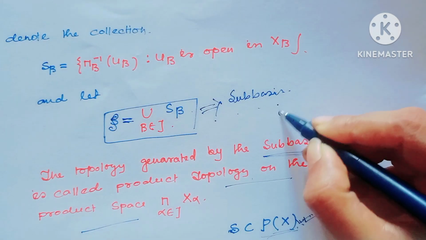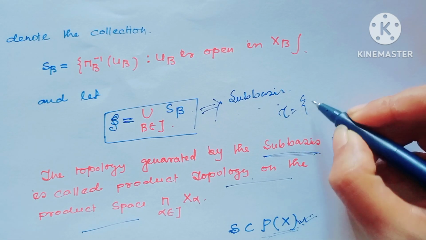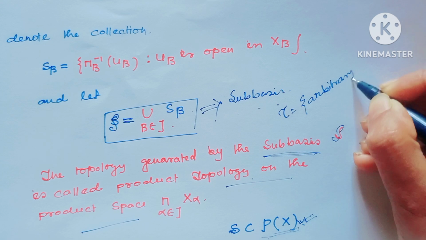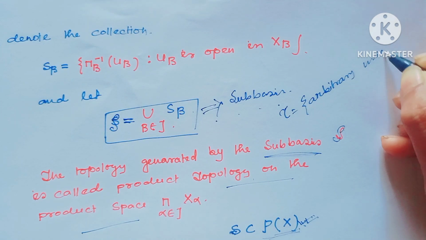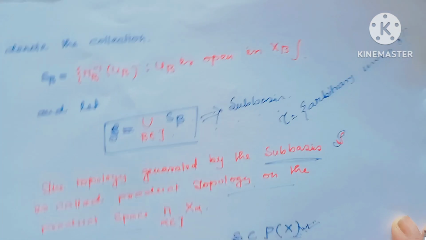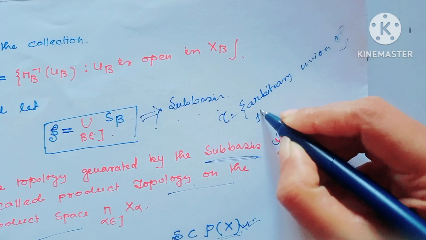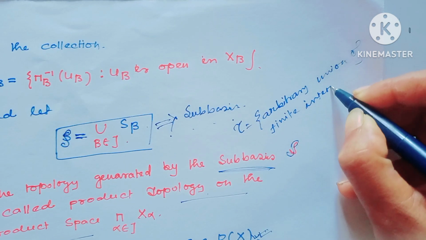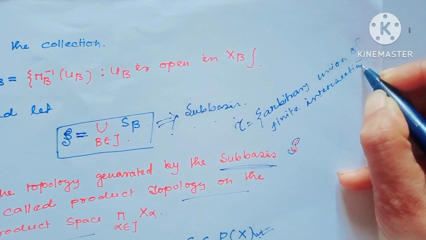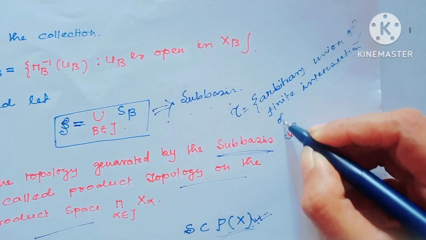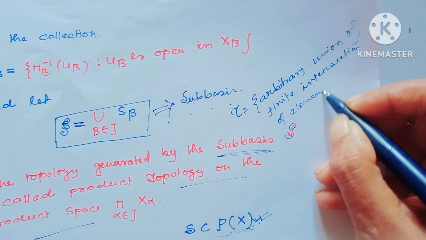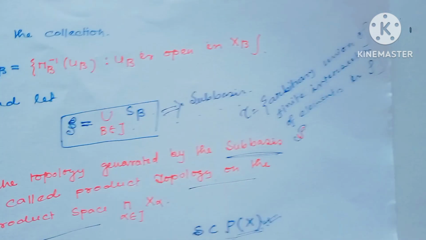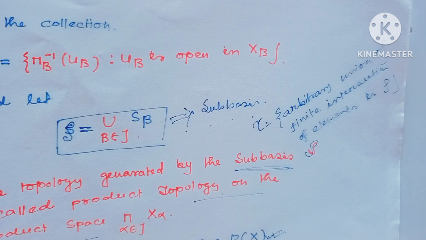That means τ equals arbitrary unions of finite intersections of elements in S. I hope all my viewers have understood clearly.